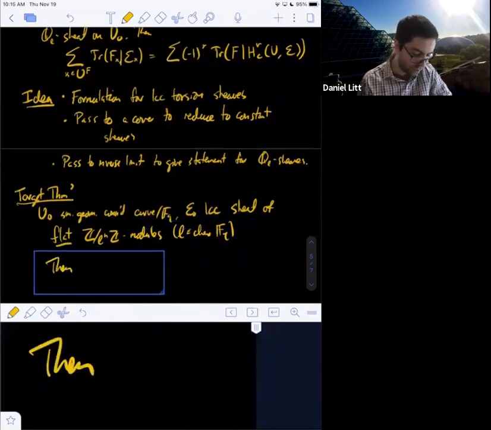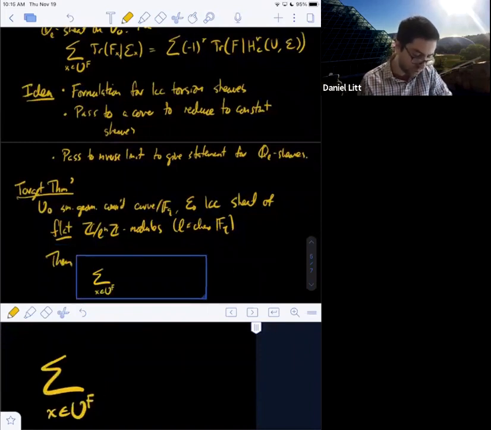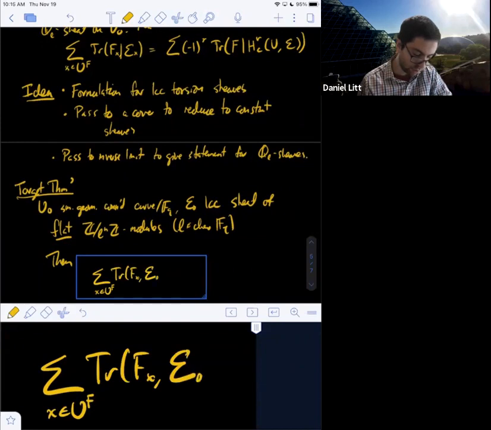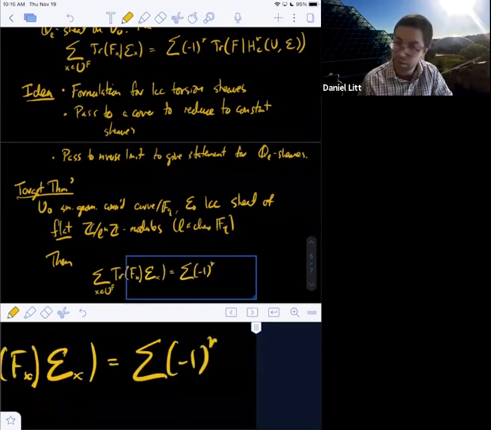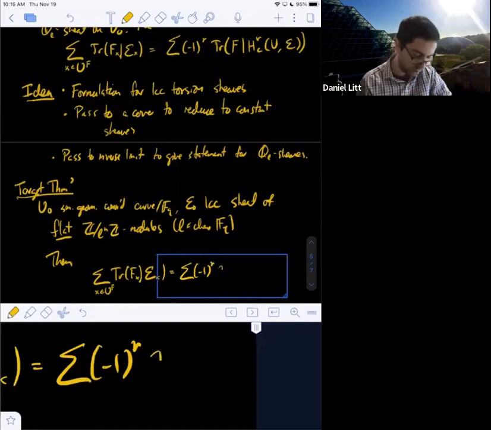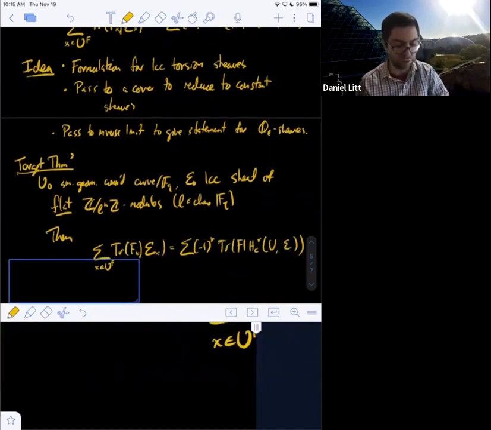Then the statement we'll want to prove is basically the same thing as before. The sum over the fixed points of relative Frobenius in U of the trace of Frobenius on E naught X, well, EX, is equal to the alternating sum of the traces of Frobenius on the compactly supported cohomology of U with coefficients in E. Okay, and here I'm using the same notation as before.